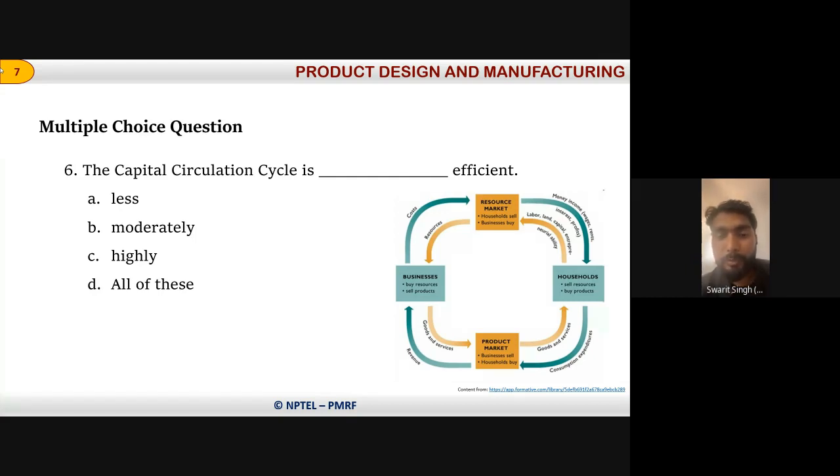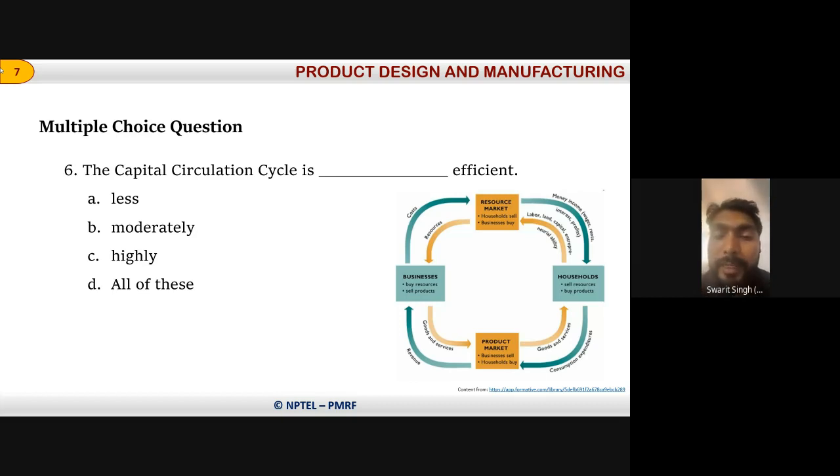So there is a circulation of things. Something from the product market goes to household, and something from household comes to the product market. Similarly, something from the resource market goes to household, and something is put from the household to the resource market. And similar for the business with the product market and the business with the resource market.